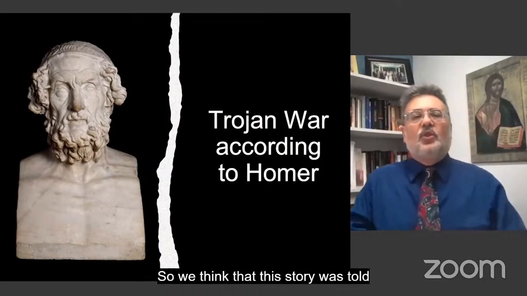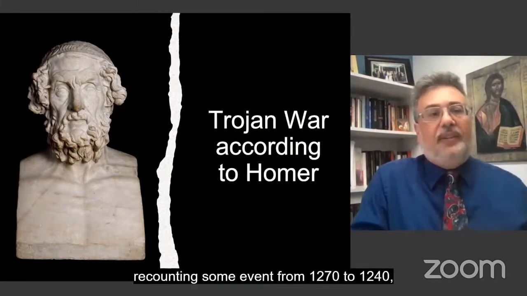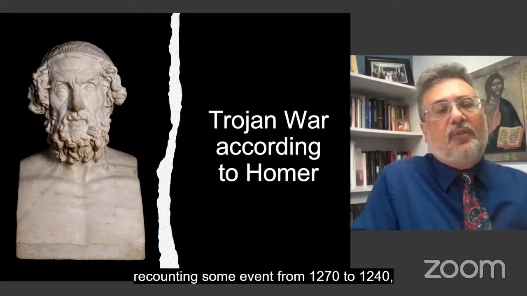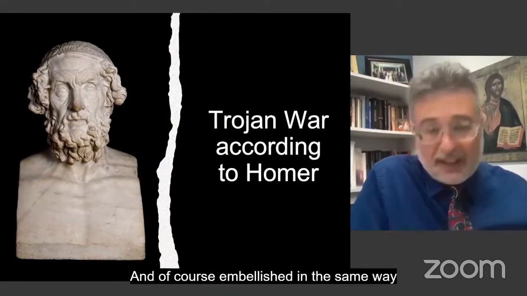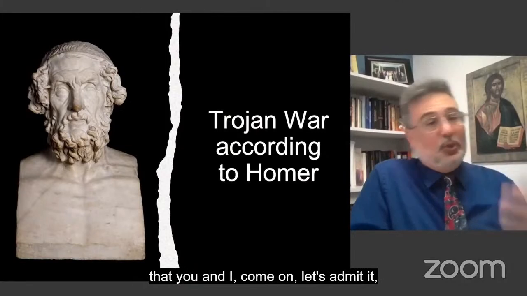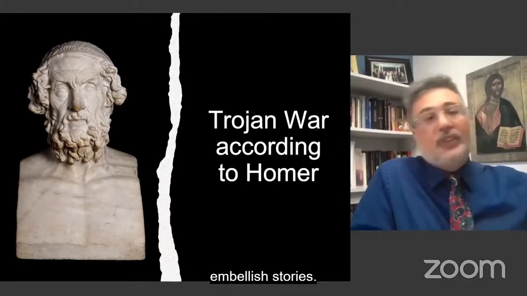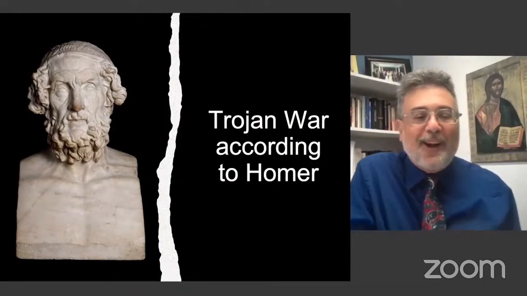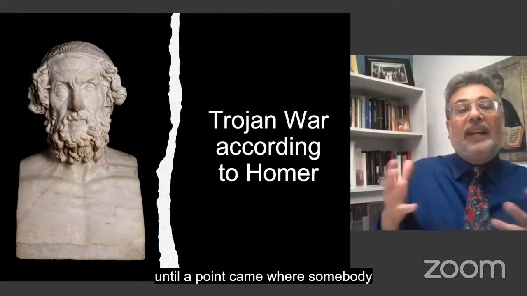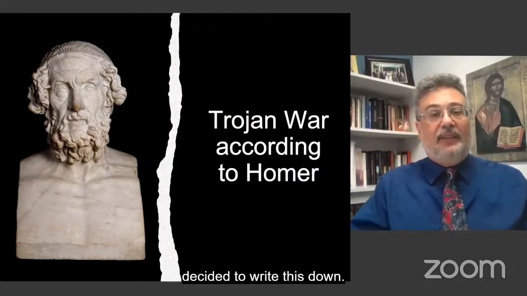So we think that this story was told recounting some event from 1270 to 1240 again and again and again, and of course embellished in the same way that you and I, come on, let's admit it, embellish stories. It's always fun when somebody calls us out on that, until a point came where somebody decided to write this down.